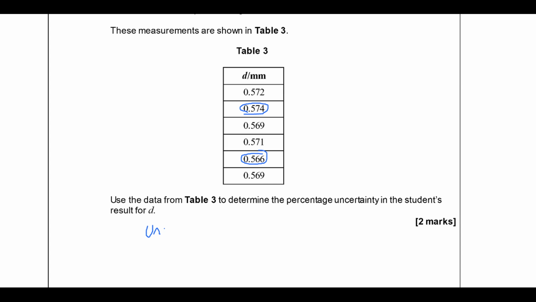The uncertainty is the range divided by 2. So that's 0.574 minus 0.566, divided by 2, giving you an uncertainty. So we haven't got the percentage uncertainty yet, we've got the uncertainty, which is 4 times 10 to the minus 3, measured in millimeters.